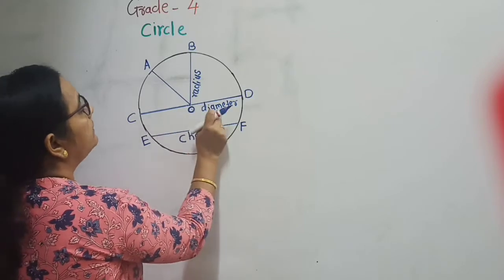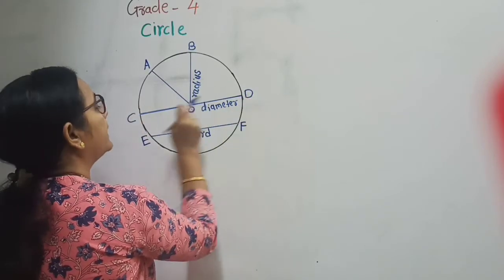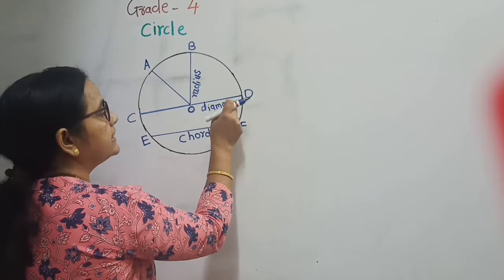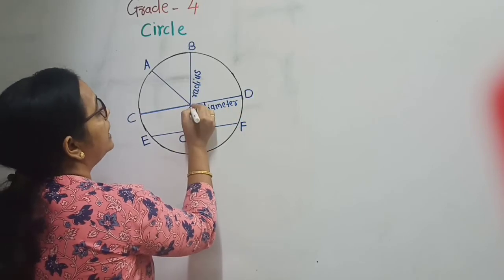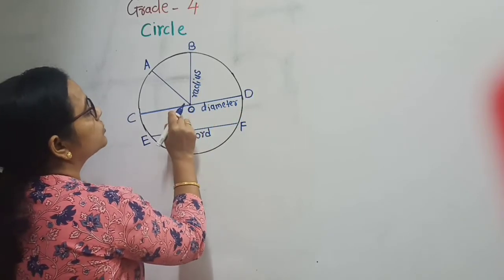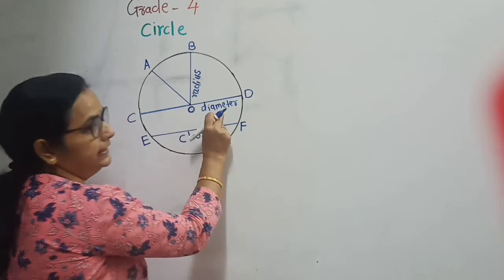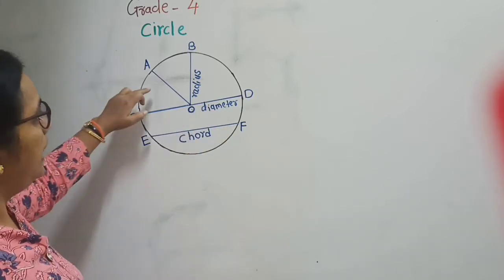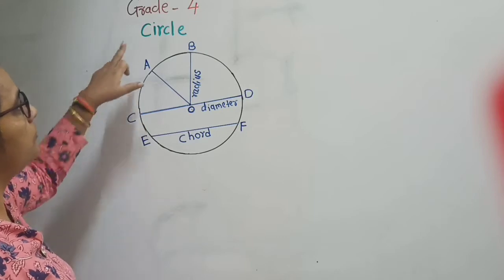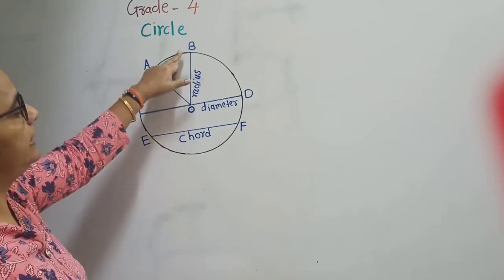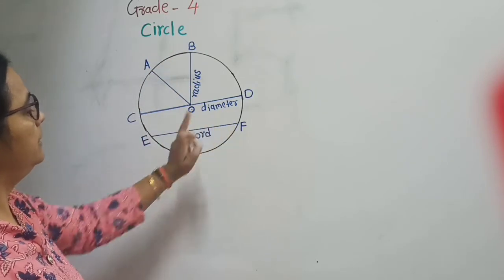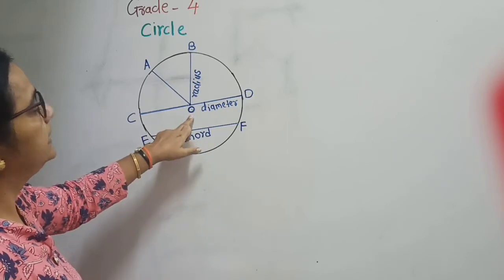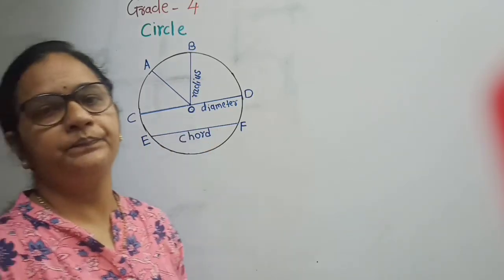But diameter CD is a chord that passes through the center, so we call it a diameter. Children, I hope now you know about the circle: radius, diameter, chord, then center.